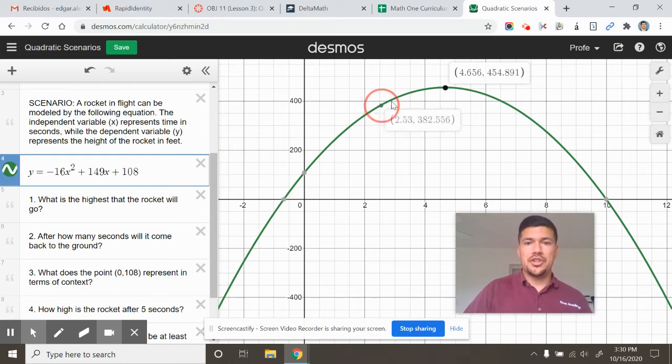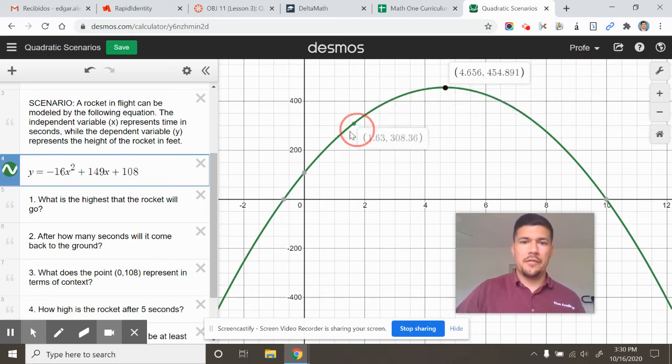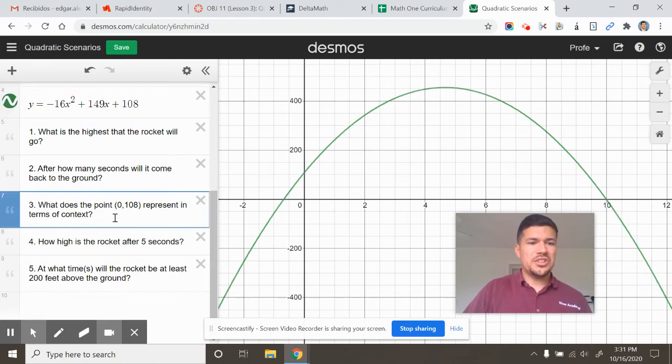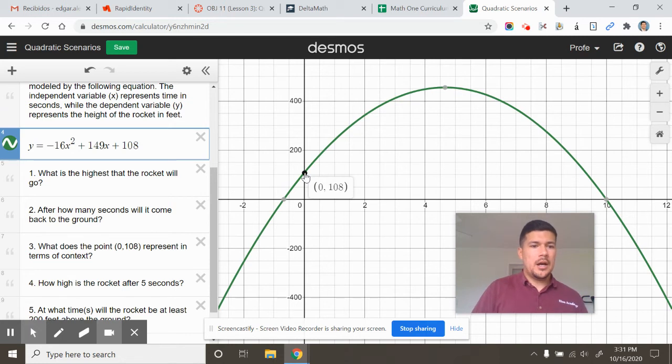I can also trace this graph and I can find all these coordinates, if I just click on the graph. Question three, what does the point 0, 108 represent? Well, I know that's the y-intercept, but now I want to interpret it in context. I see it in the equation, 108.